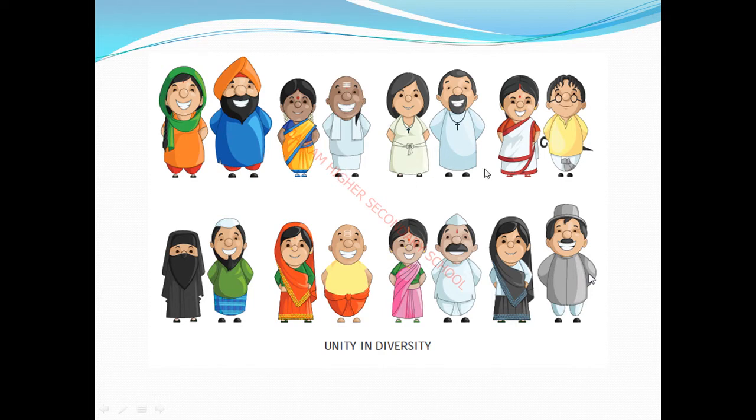Here the pair belongs to Christianity, the religion; we may take the state as Goa. Another pair belongs to Bengal, and this pair belongs to Hyderabad. We can say this one is Telangana, here it is Maharashtra, and this pair belongs to Madhya Pradesh. So this picture very clearly gives an idea.